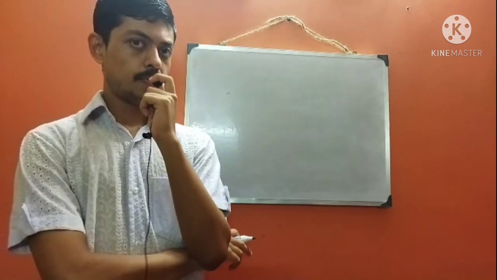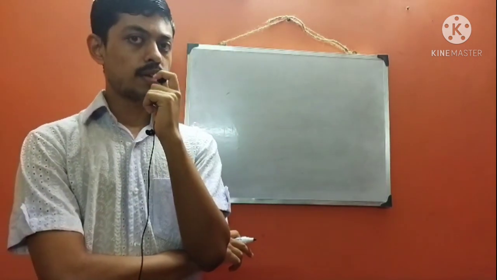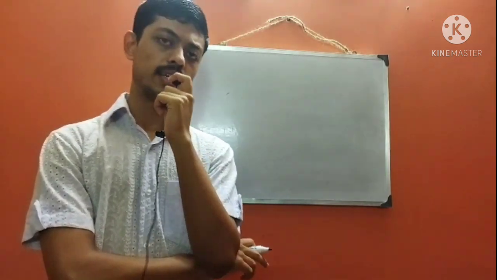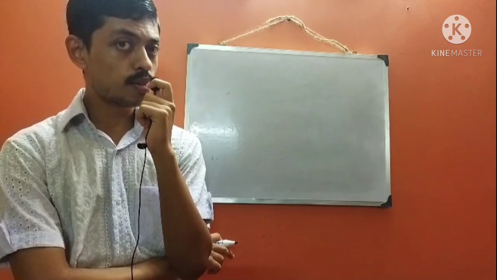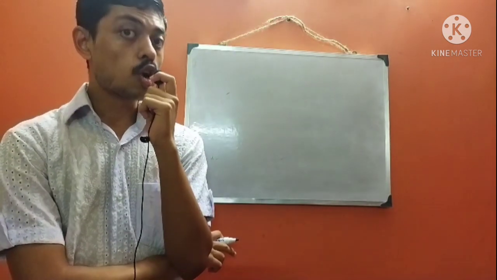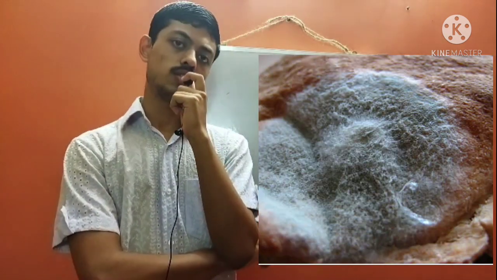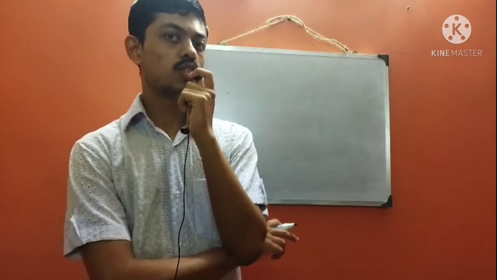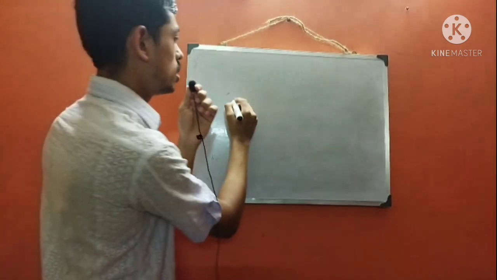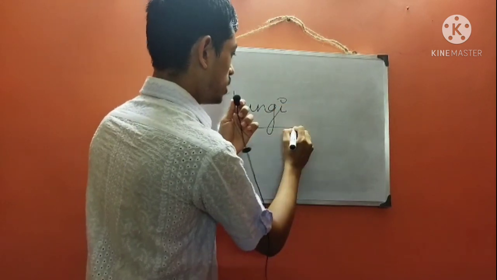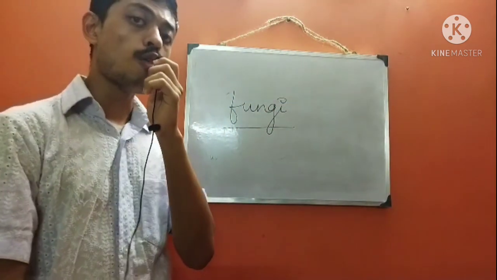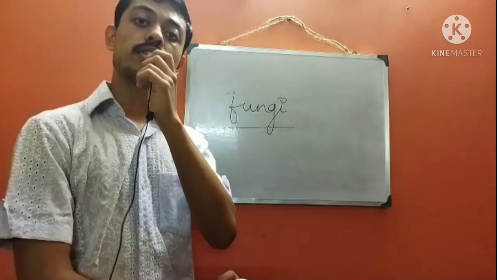Take a bread, moisten it with water and keep it for 2 to 3 days in a cool and damp place. What will you observe? You will observe cotton thread-like structures. These structures are of fungi or chhatrak.